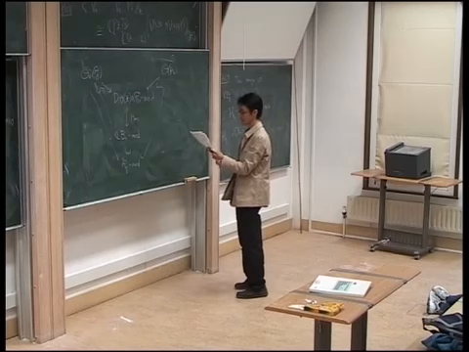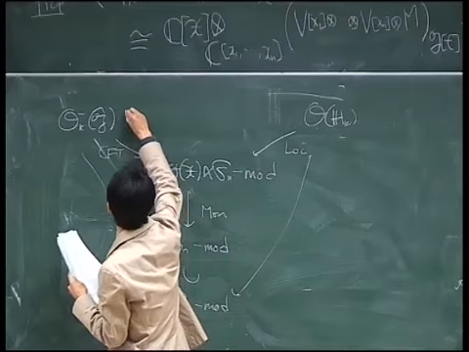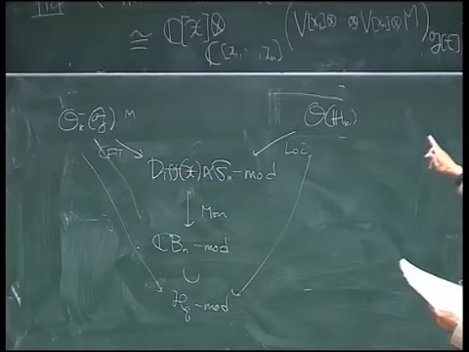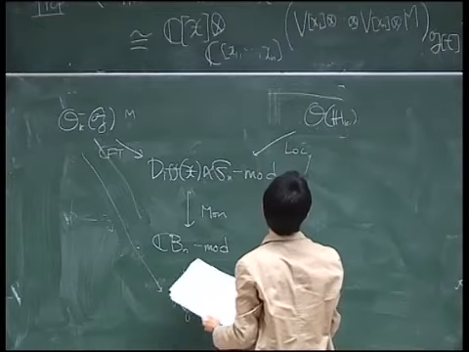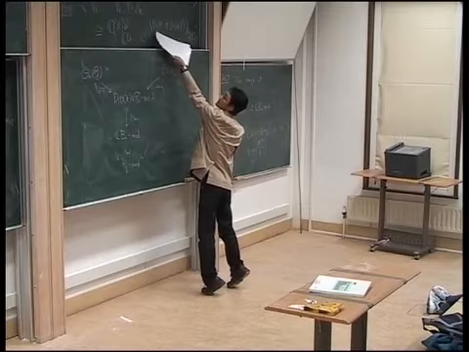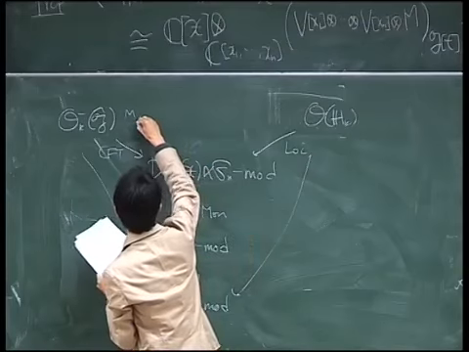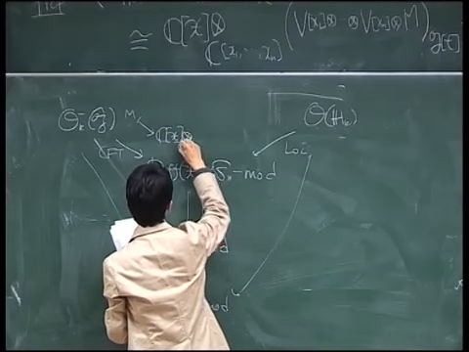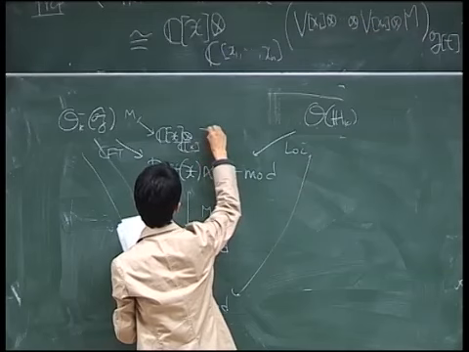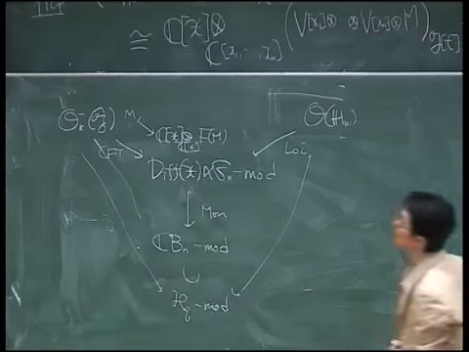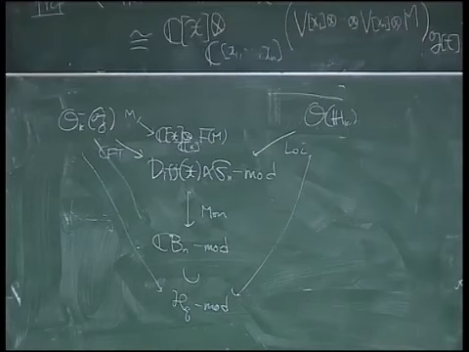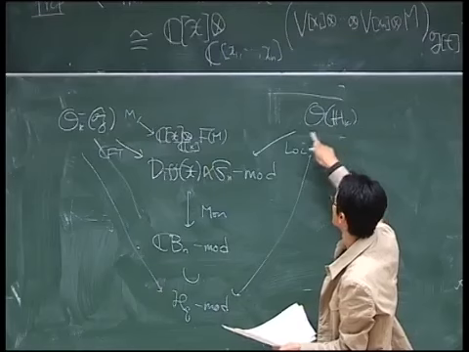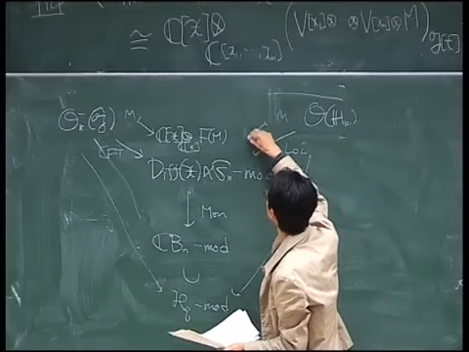And recall that for M, the image is given by this one, of this form F M. On the other hand, the functor here was a localization.